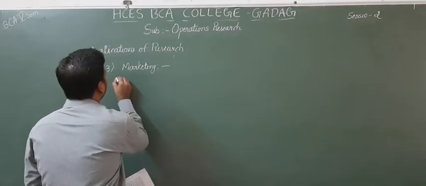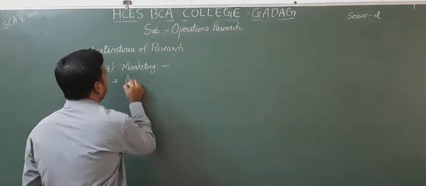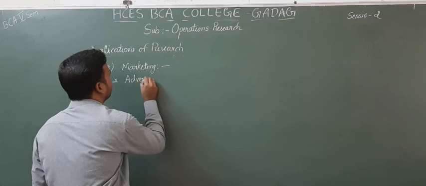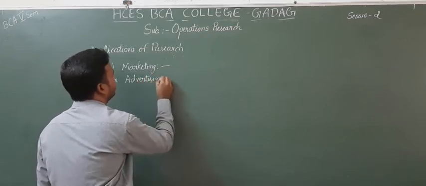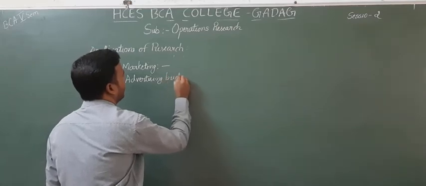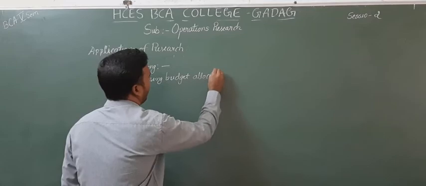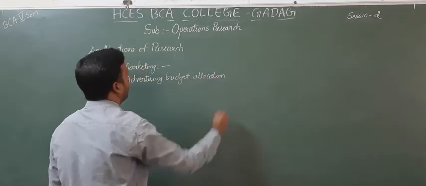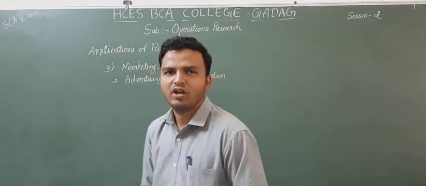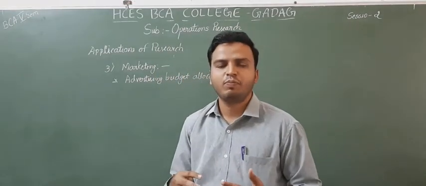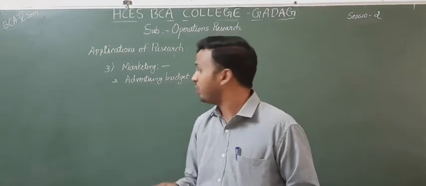In marketing, we are going to study first one, advertising budget allocation. After production of any product, we have to publish that product.